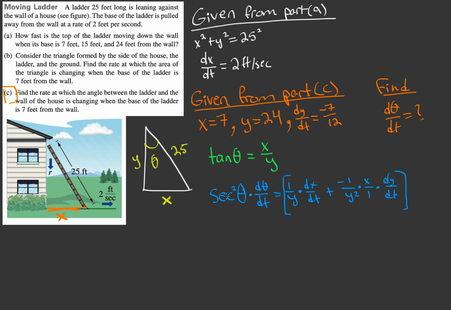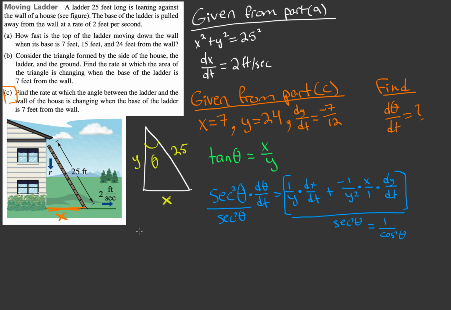Now I want to get rid of the secant squared theta. If I divide by secant squared theta on both sides, that's the same thing as multiplying by cosine squared theta, because secant squared theta is really 1 over cosine squared theta. So if I multiply both sides by cosine squared theta, that cancels the secant squared on this side.